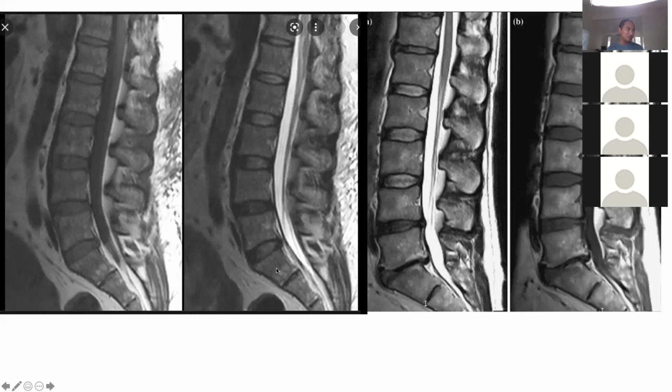This might be sacrum 2, because the shape is different from the lumbar spine. The lumbar vertebra shape is very much square, and this is now thin and small. This must be sacrum 1. So this must be lumbar 5, lumbar 4, lumbar 3, lumbar 2, lumbar 1 vertebrae.